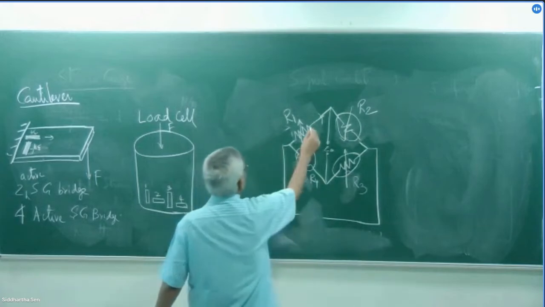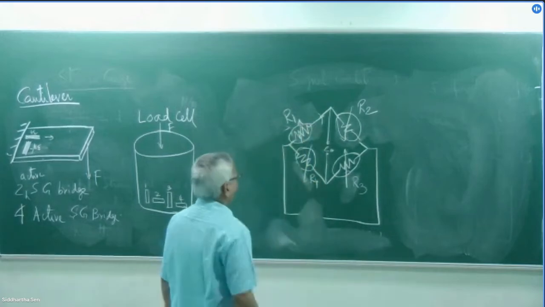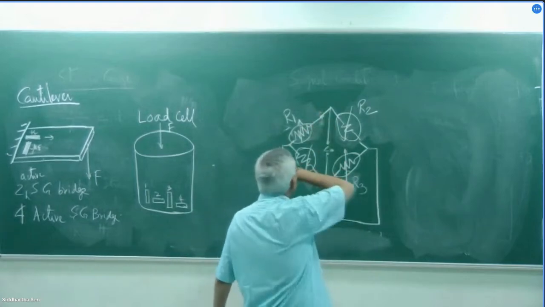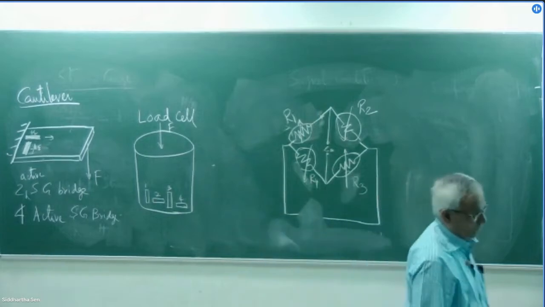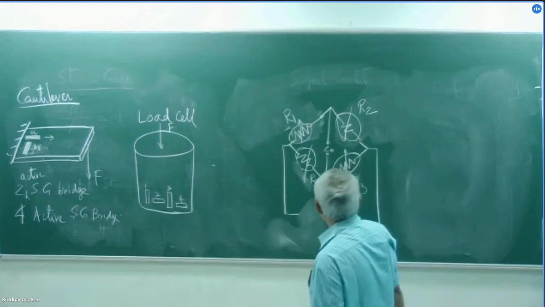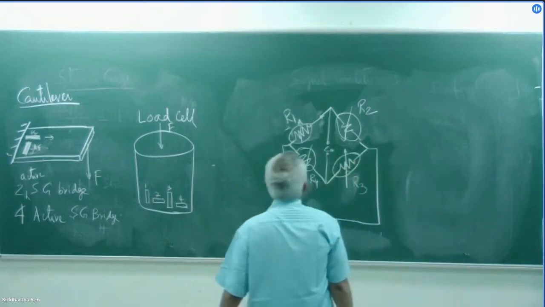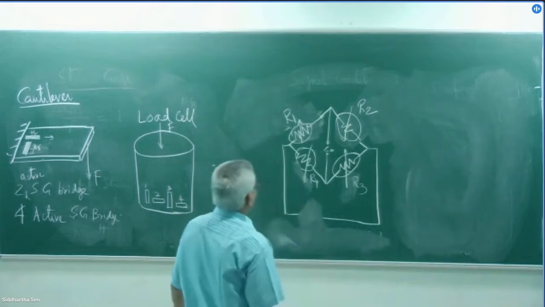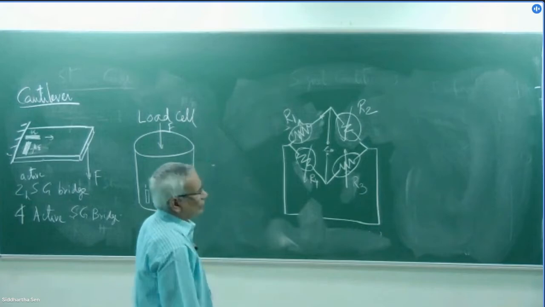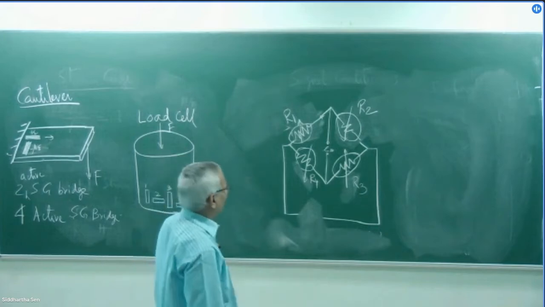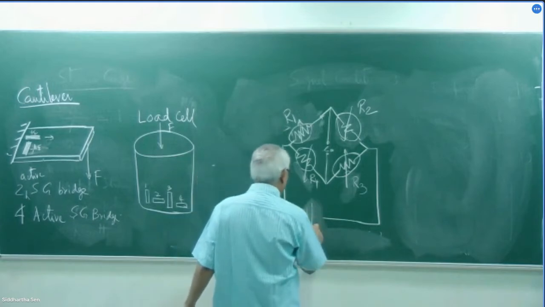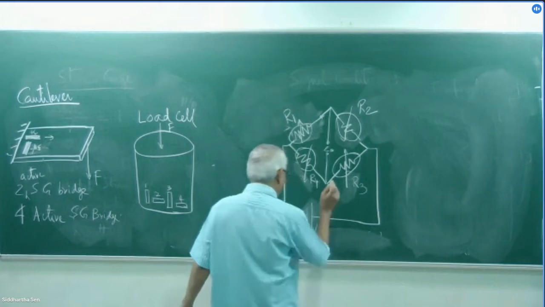So four active strain gauges are there, they are connected, maybe with different resistance, etc. The resistances may be R1, R2, R3, R4, and they may all be experiencing different strain. So what would be the unbalanced voltage and how to calculate it? Let us develop a formula so that we can easily remember it. For that one, I slightly change it for the sake of simplicity.